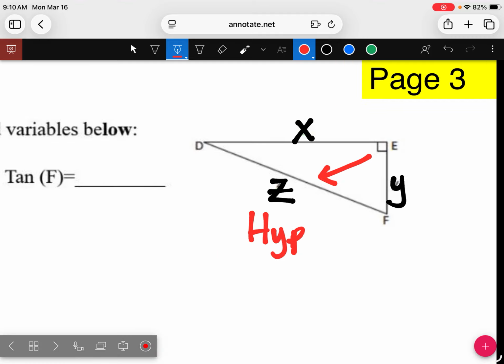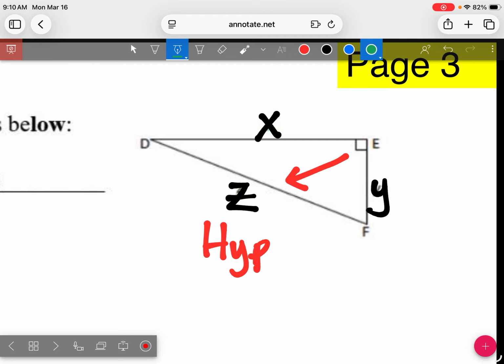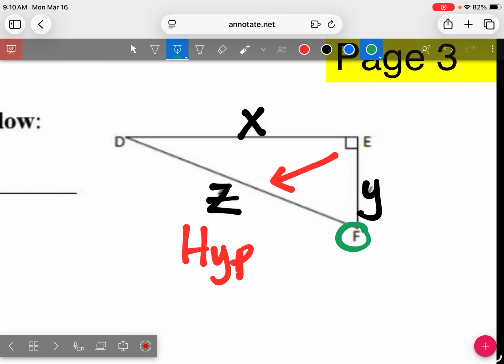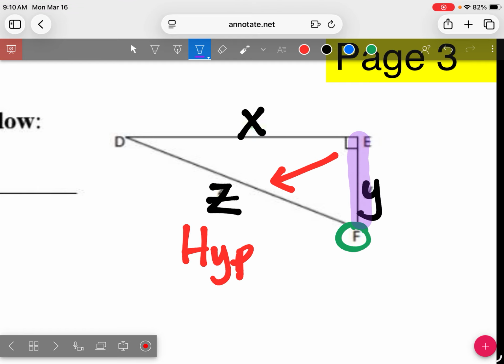Okay. If we look at the question, all three of these are referencing angle F. So that means I'm talking about this angle right here. There's two more sides. We have this side, which is side Y, and we have this side, which is side X. So everyone see that angle I circled in green?